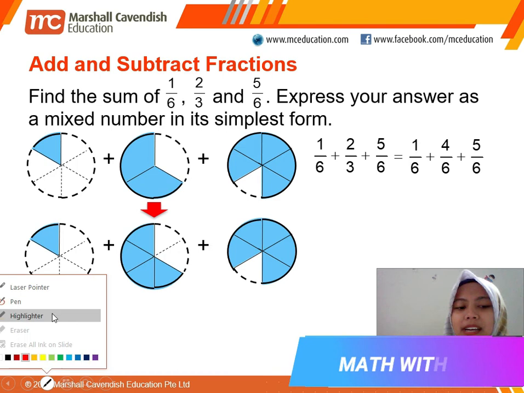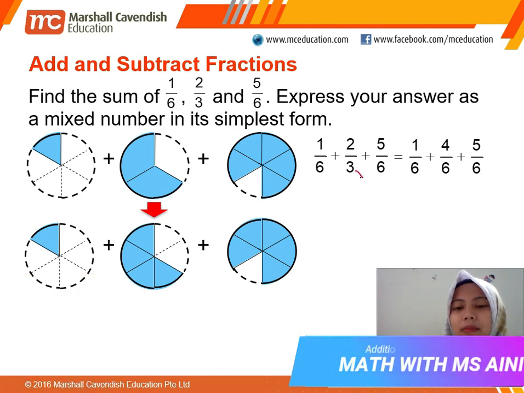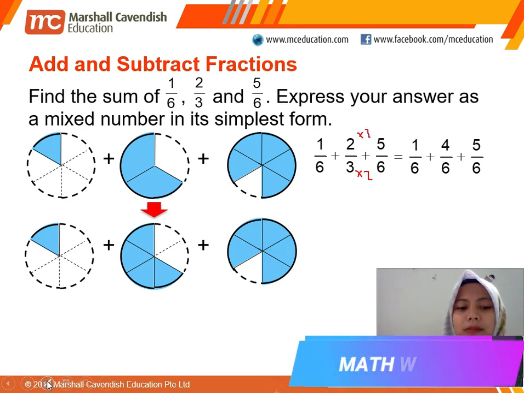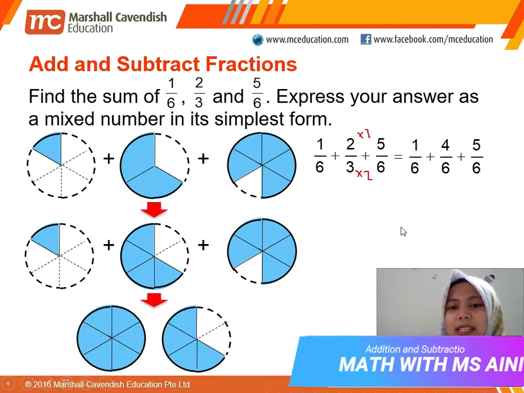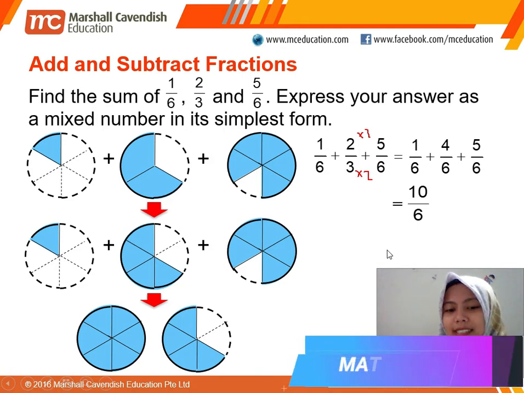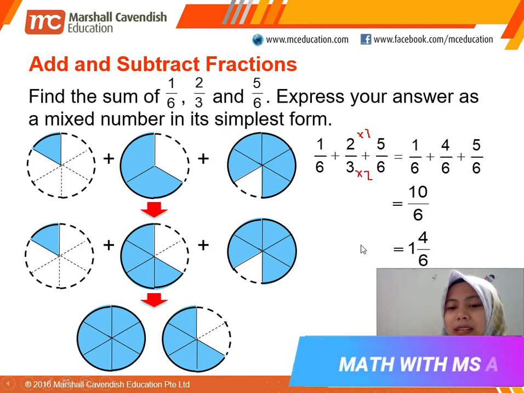Let me write it by pen. We multiply by 2 and then multiply by 2. And then you get 4 over 6. And then you get this, 10 over 6, and change it into a mixed number.